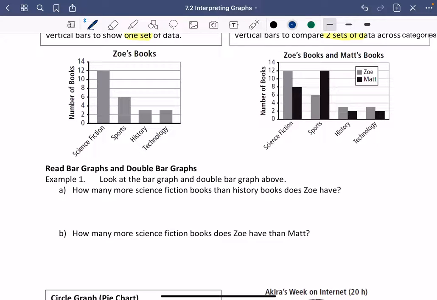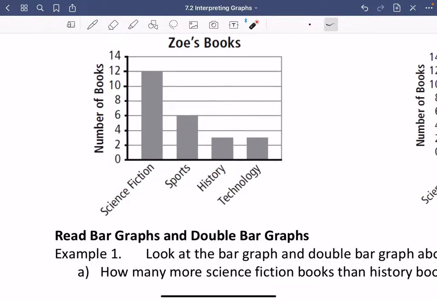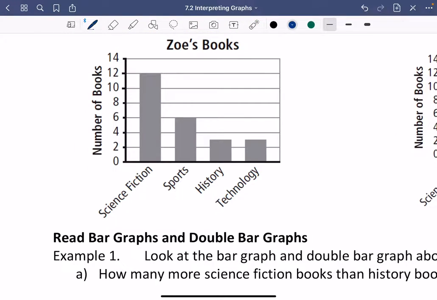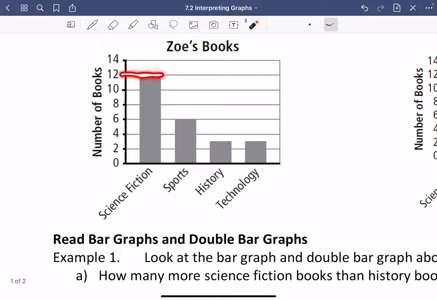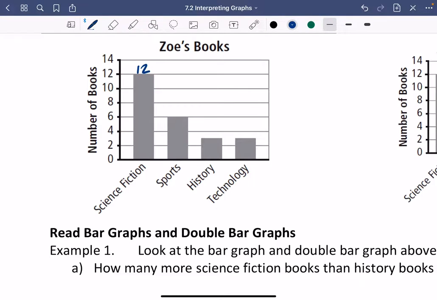The first question: how many more science fiction books than history books does Zoe have? So we're comparing Zoe's books. Zoe has 12 science fiction books, so the bar is at 12.